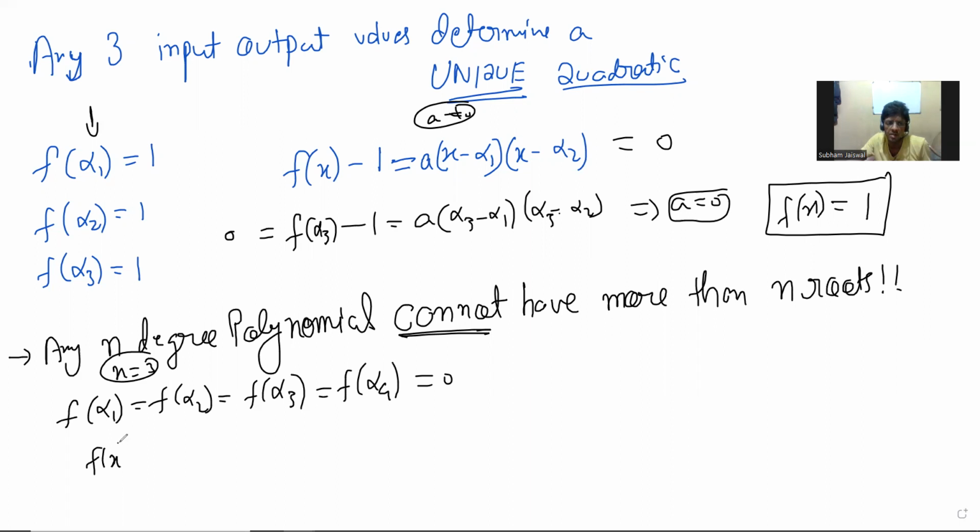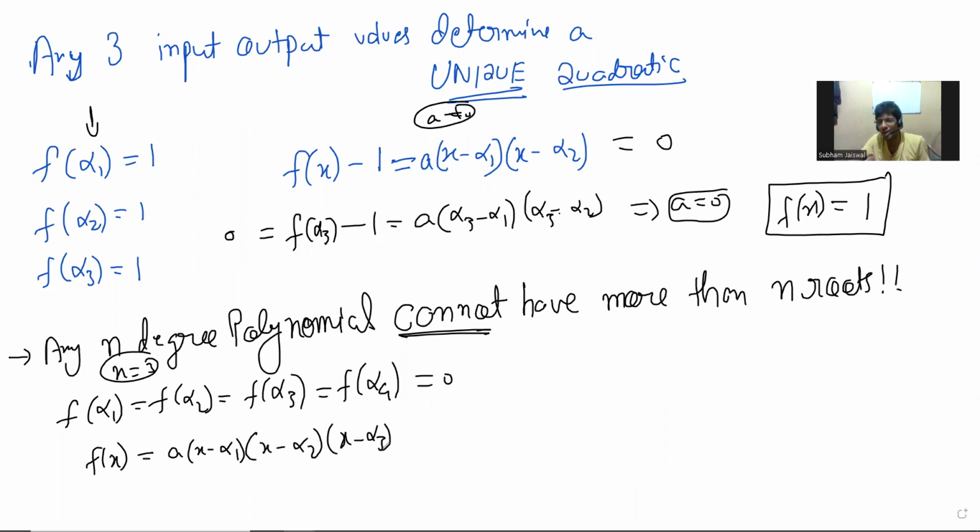For the first value it is 0. So what do you get? You get a factor for it, and then you get this q(x). But then at alpha 2, again f vanishes, but the first factor cannot vanish, so the other factor has to vanish, so you just factorize that. But then you keep factorizing it, and then what do you get? You get this, and then you get this.